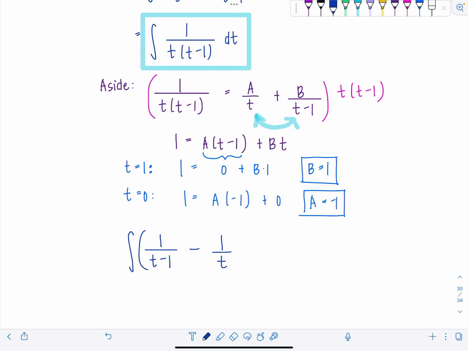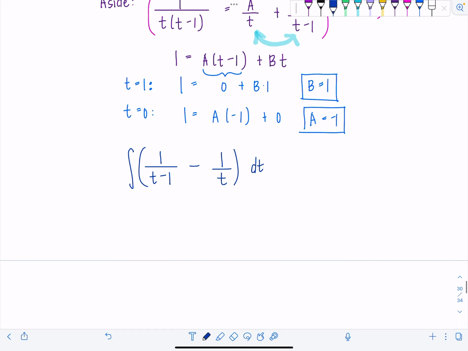Fabulous. Oh my God, this is such a relaxing little integral we can do now. Friday has officially begun. So both of them are going to involve natural log. I don't need to do a substitution. We should be under control, yes? So we have natural log absolute value of t minus 1 minus natural log absolute value of t plus c.